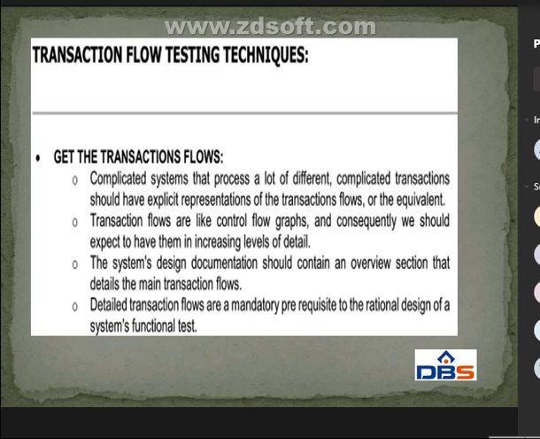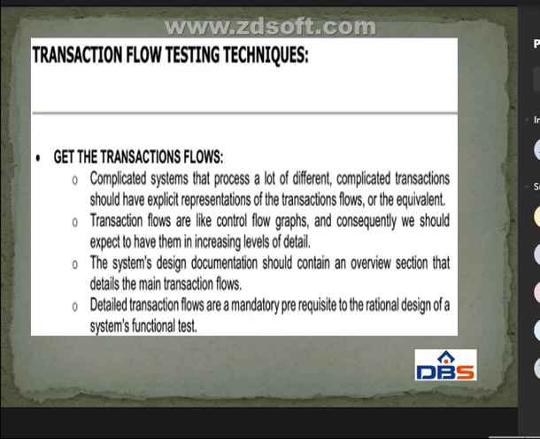Whenever you are going to perform testing, from the beginning to the end you have to go through it. It is very difficult to go through so much data, so we have to divide it into multiple modules. So we should expect that we have increasing levels.